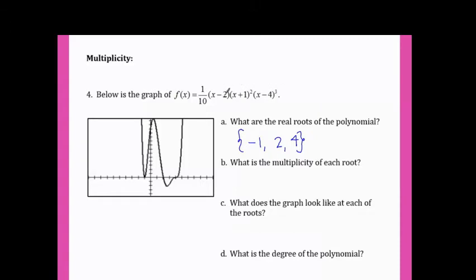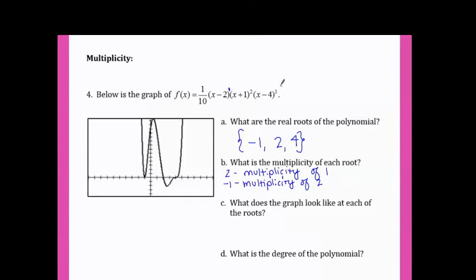So x minus 2, what exponent does that technically have? It has an exponent of 1 when it's not written there. So 2 has a multiplicity of 1. -1 has an exponent of 2, so it has a multiplicity of 2.